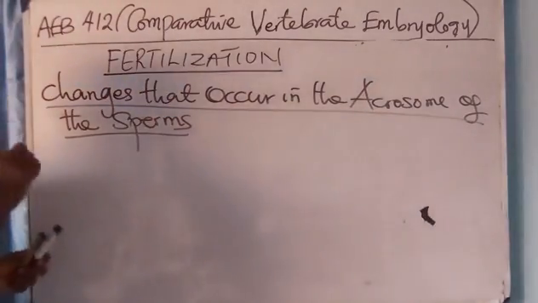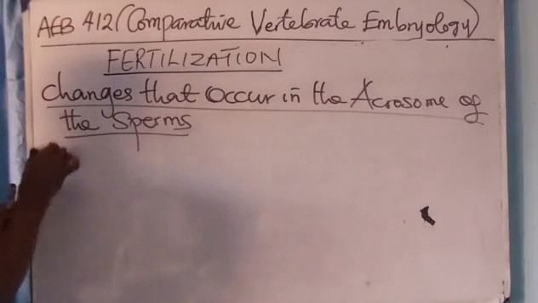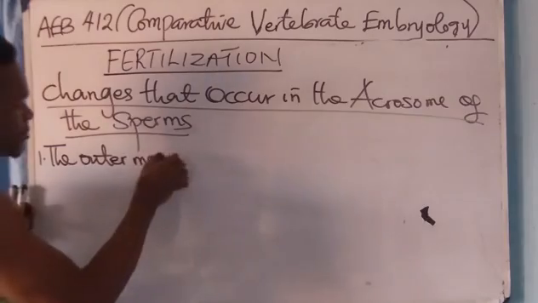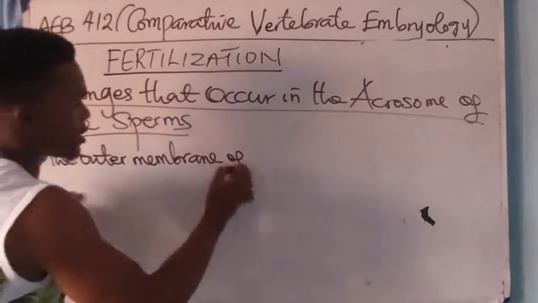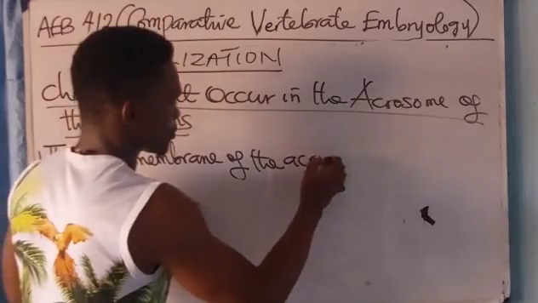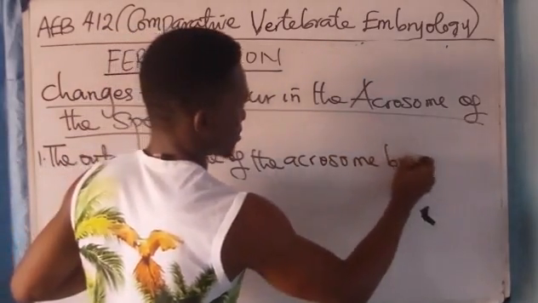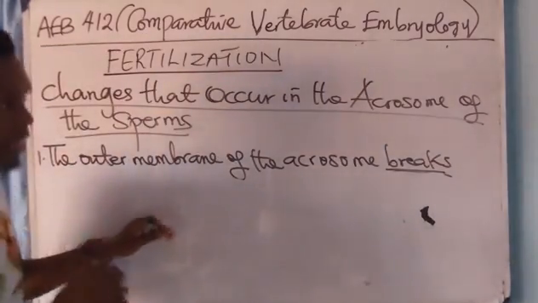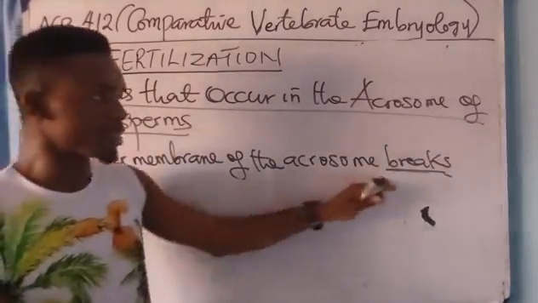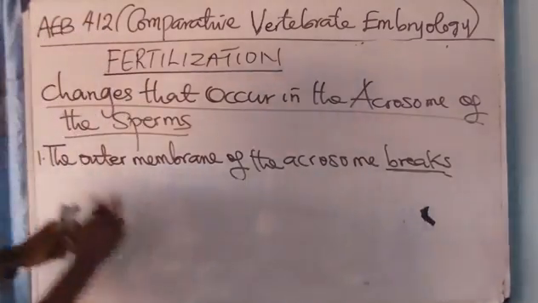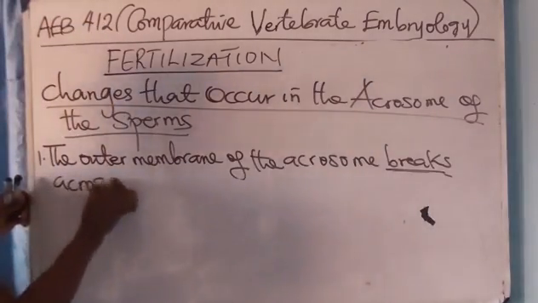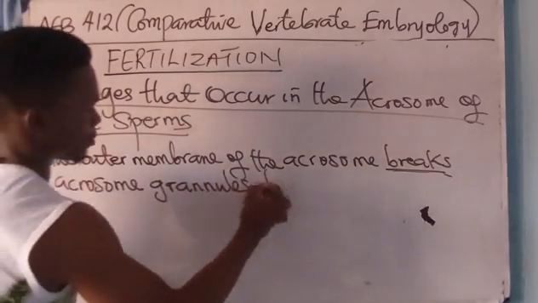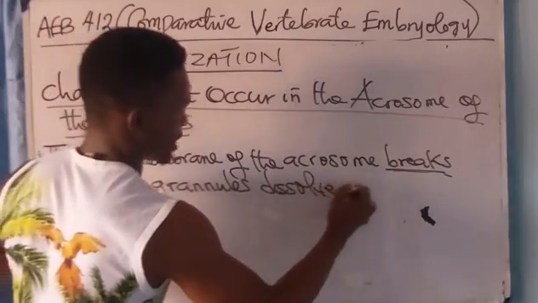Okay. Now, what is the first thing? One, the outer membrane of the acrosome breaks. As soon as it breaks down, the acrosome granules dissolve in fluid.